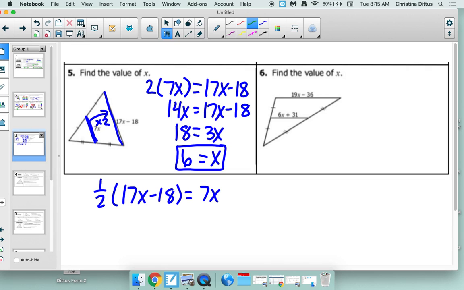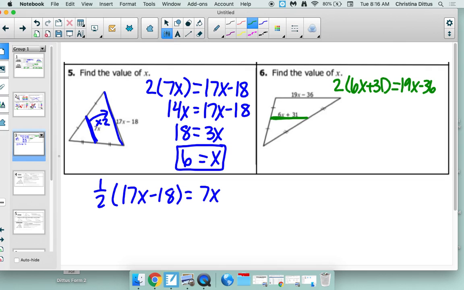Okay, same thing here. I'm going to double the small line. So double the 6x plus 31, and it has to equal the big side of 19x minus 36. You guys remember how to distribute?